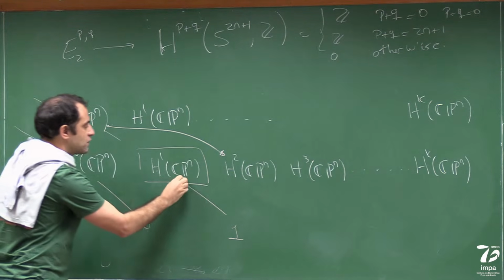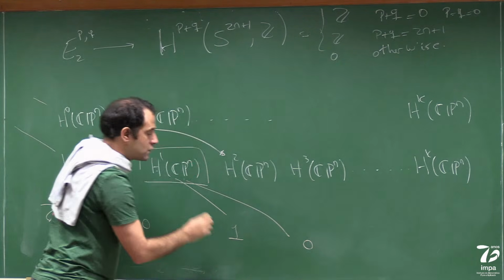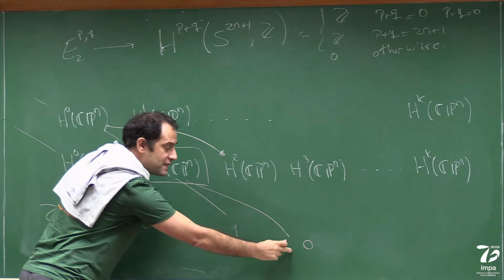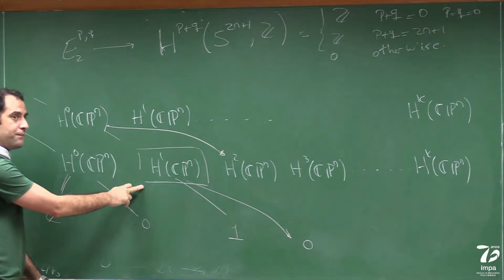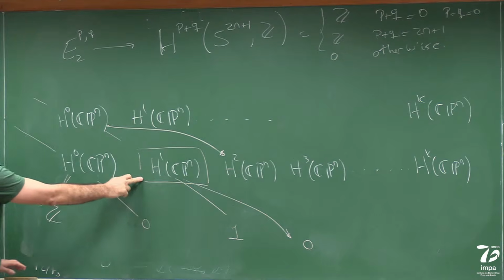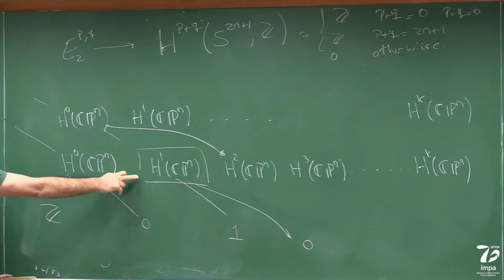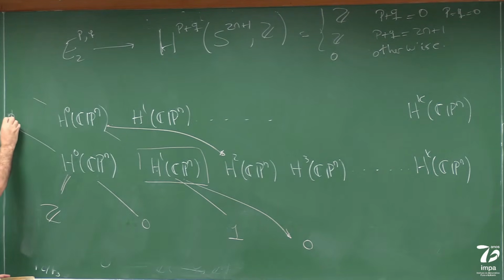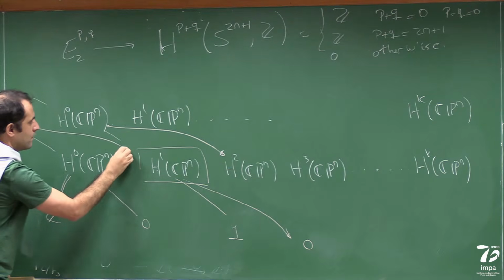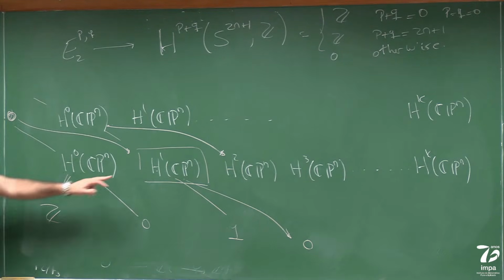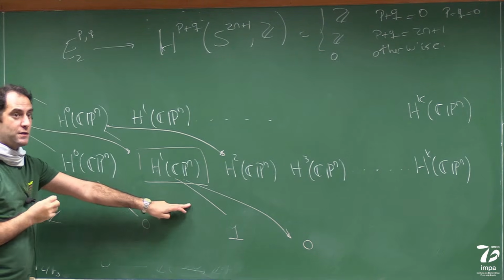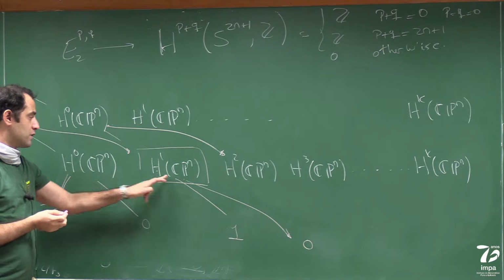The differential goes from here to 0, so everything here goes to 0. It's in the kernel of the differential of this E2 term. And nothing from here comes from something, because to kill this thing, I should be coming from here, which I have a 0. So whatever I have here survives homology, and it's going to survive forever. So this should be 0.